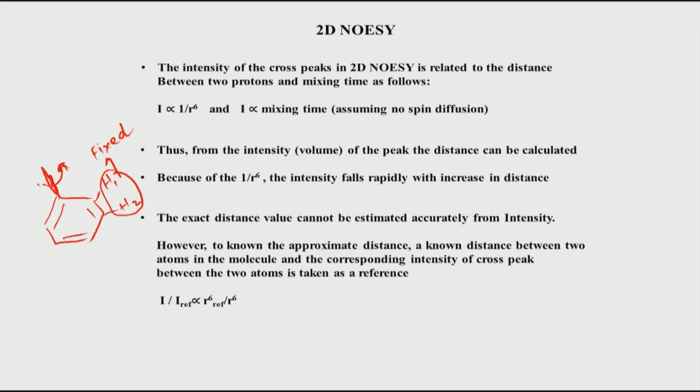So, this is a qualitative way to estimate the distance, and that is also fine, because this procedure of using a reference may not always work for a given system. You may not have an aromatic at all, because this is the only system where distances are fixed. It is difficult to have any other moiety in the same molecule as a known reference. So, these are the different ways in which intensity and distances can be related.